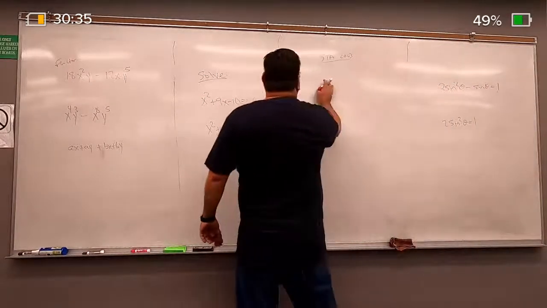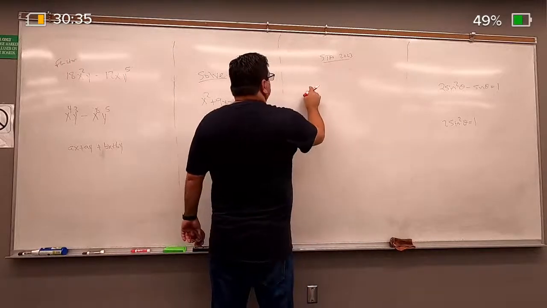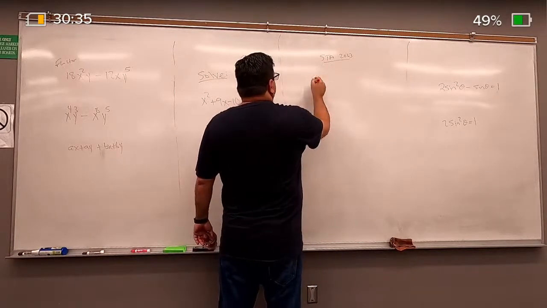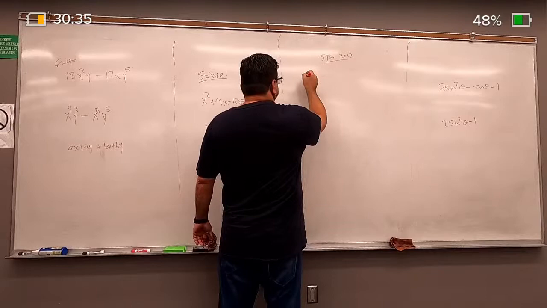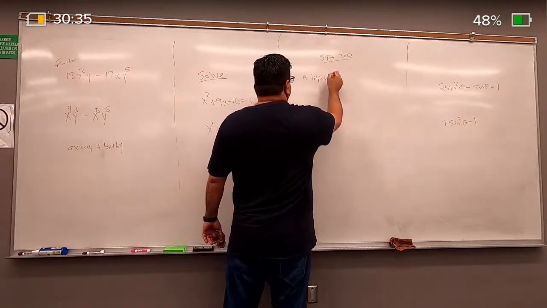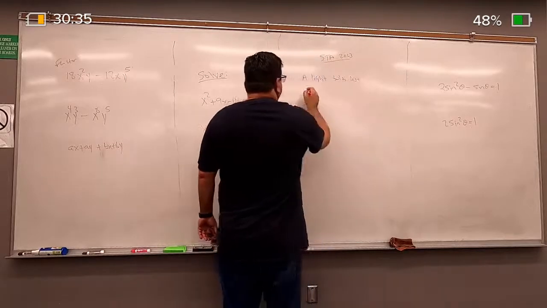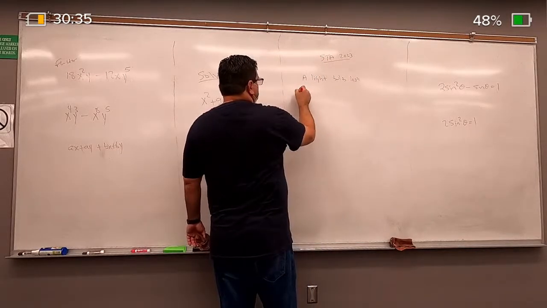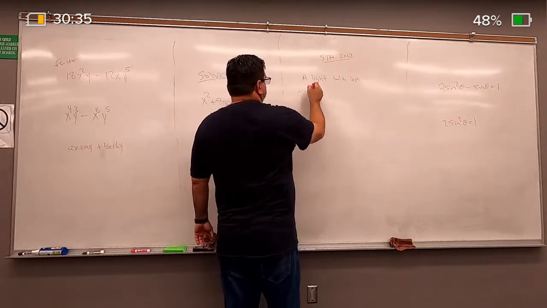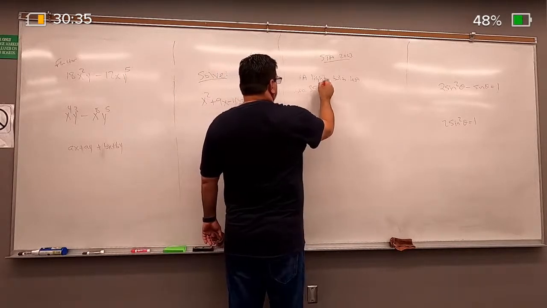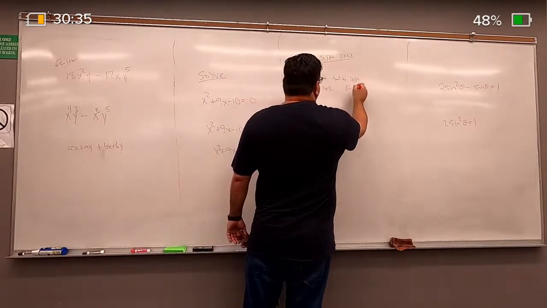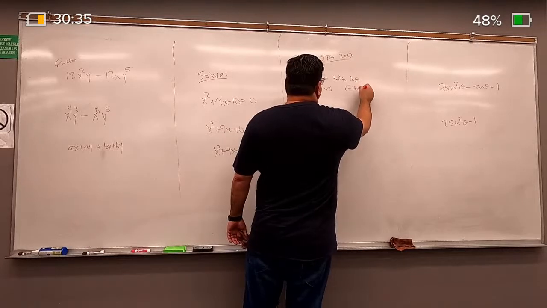V, this is you right here. A light bulb lasts 850 hours. Standard deviation is 100 hours.